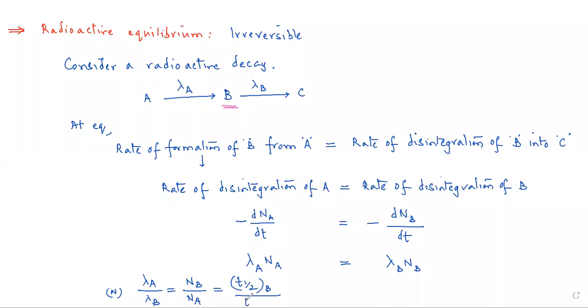So T half of B by T half of A. Similarly, lambda and average life are also inversely proportional. So it can be given this way. So this is very important. You got all the relations in this.